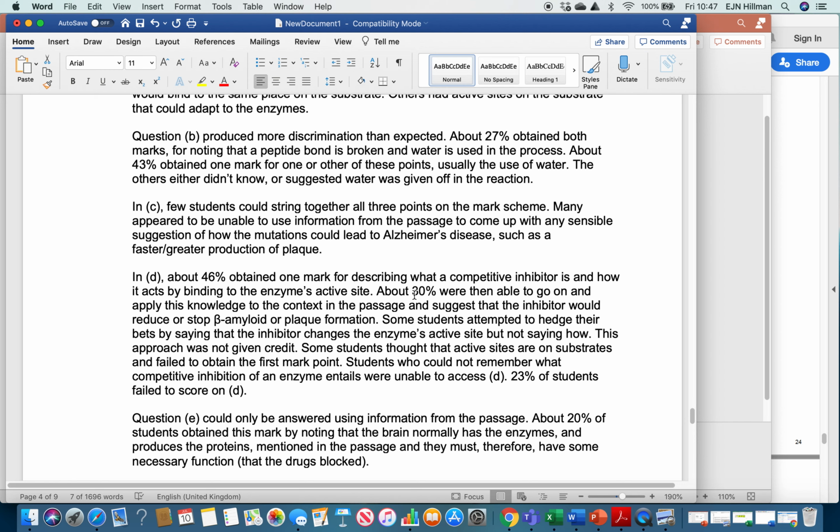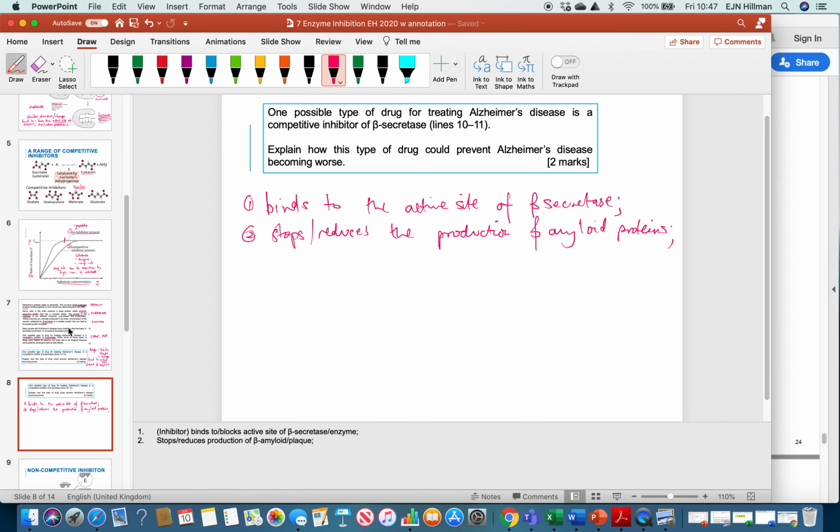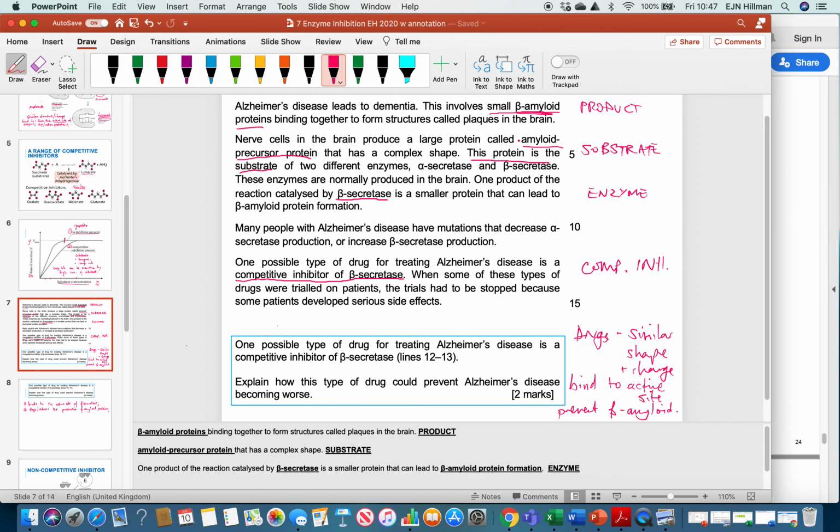Only 30% were able to go on and get that second mark. Really that question is daunting because you've got all of this information, but if you break it down, if you identify the enzyme, the substrate, the products, and the competitive inhibitor, that should make it a bit easier.